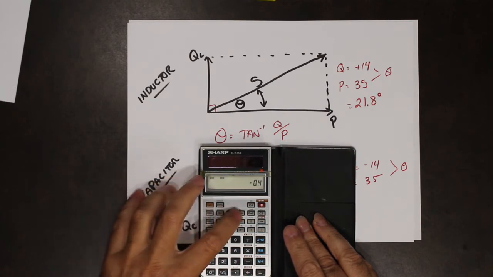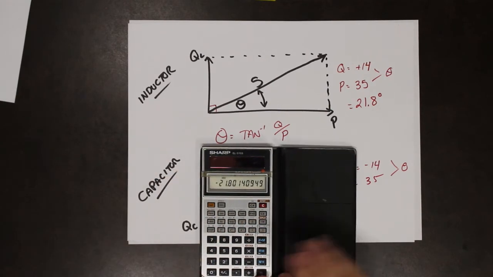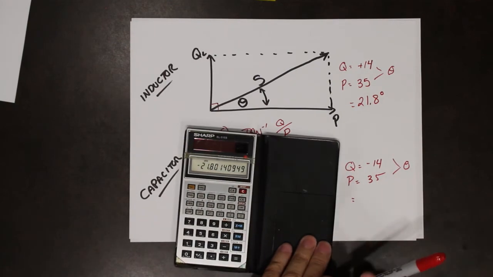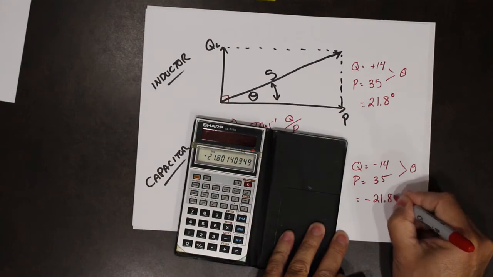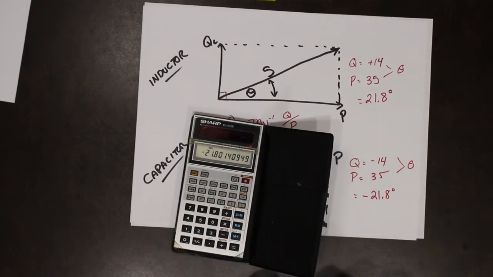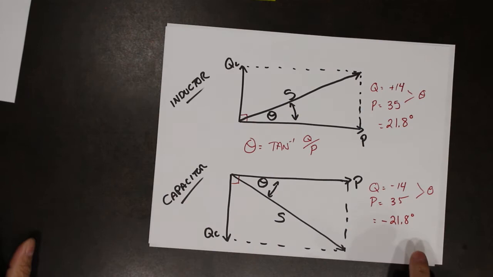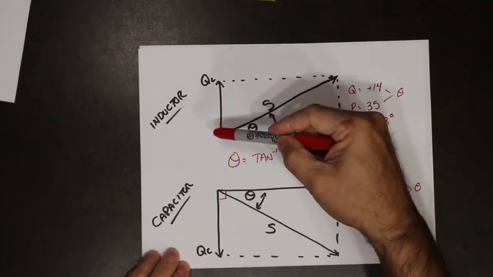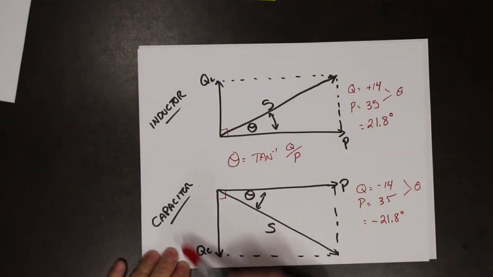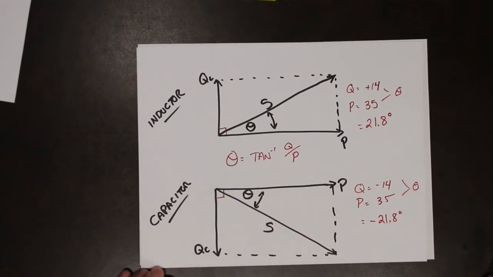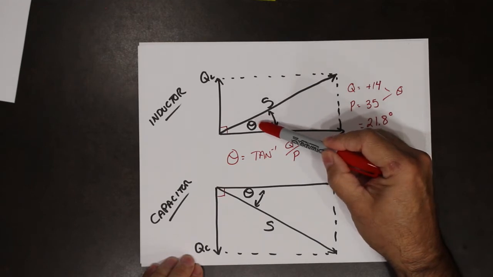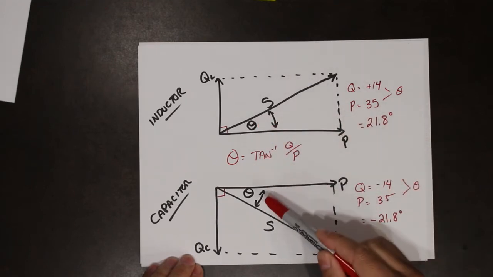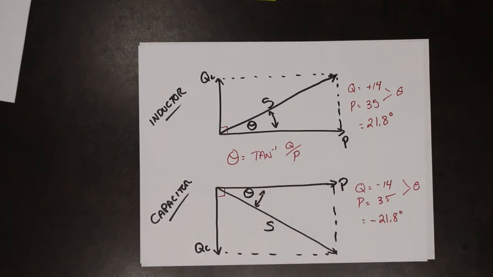And we have a negative phase angle. So we end up with minus 21.8 degrees. So, if we're dealing with inductors, we have a plus Q. If we're dealing with capacitors, it's a negative going Q. Will give us a positive going phase angle or a negative going phase angle.